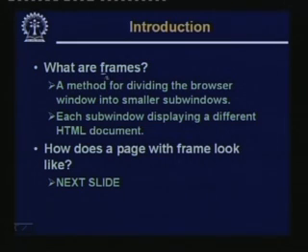Basically, frames constitute a method for dividing the browser window into smaller sub windows. This is the basic idea, that we are dividing the window into several sub windows. Not only that, each sub window will display a different HTML document.